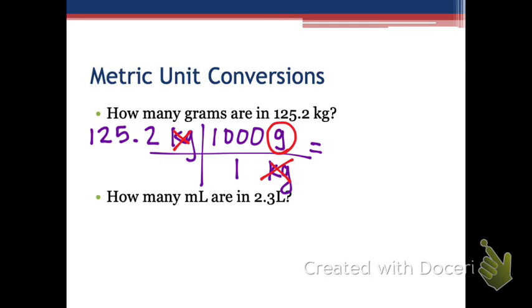So I can take 125.2 times 1,000, and I get 125,200 grams. Remember to put that unit on the end. We don't want to leave our number without a unit. We want to make sure we've got that attached to it.